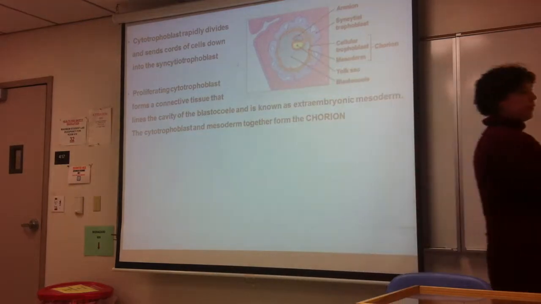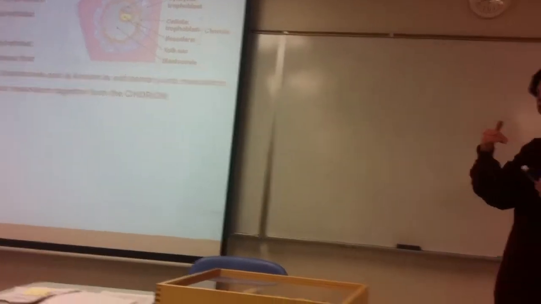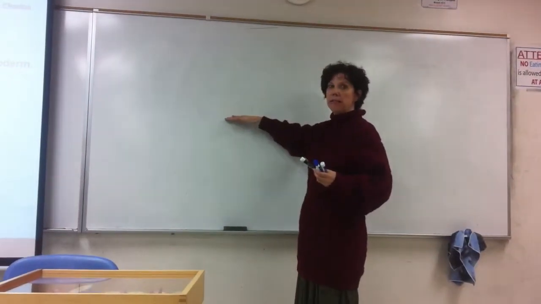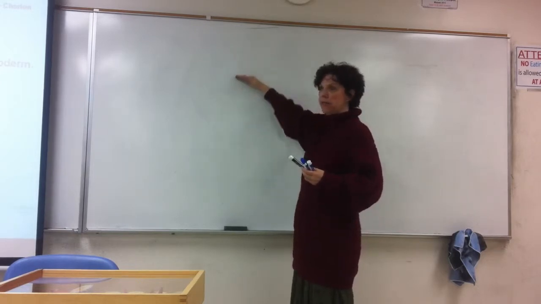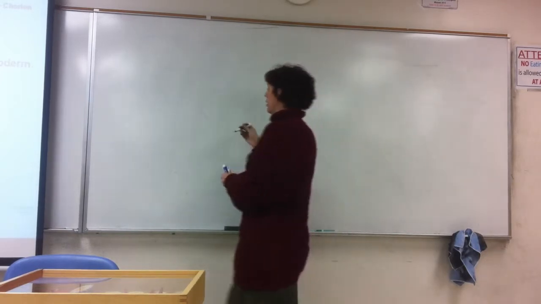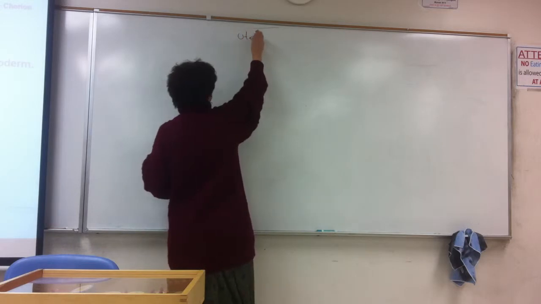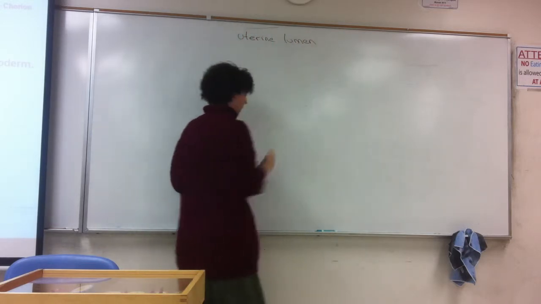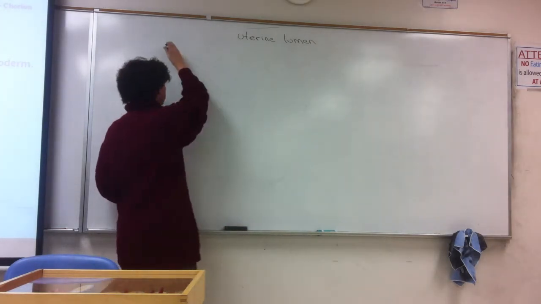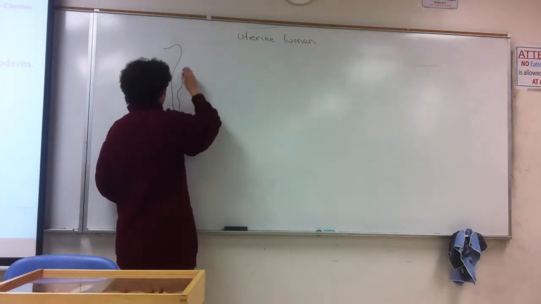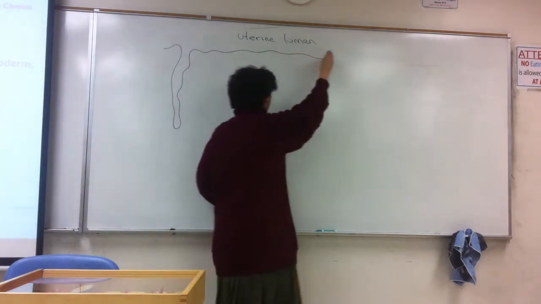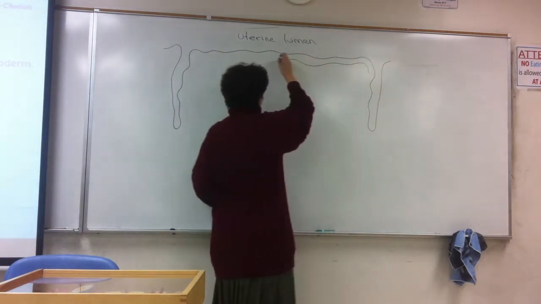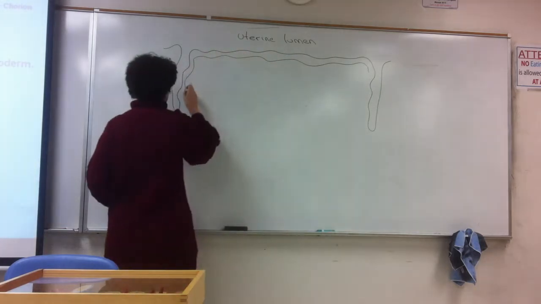So I'm going to reverse it, like I did on Friday. Instead of having the blastula moving into the stratum functionalis in this direction, I'm going to move it down in this direction. So the uterine lumen, or cavity, will be up here. And it's closed over. Still have our simple columnar epithelium.